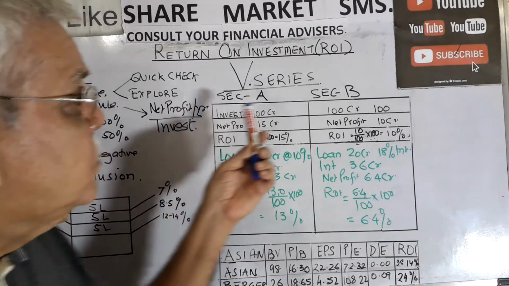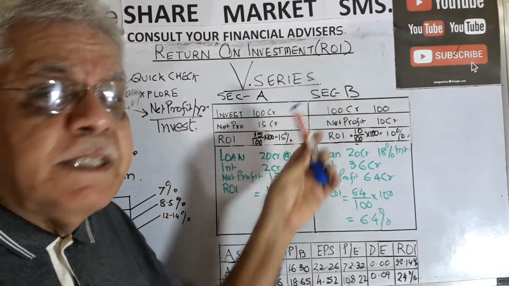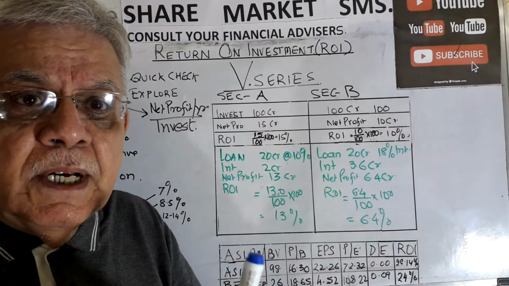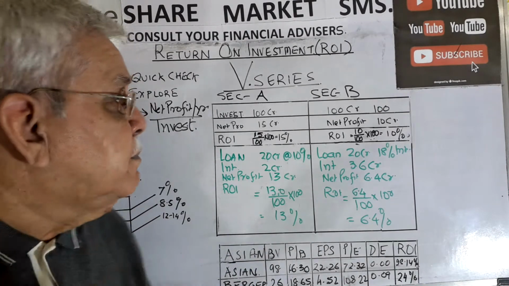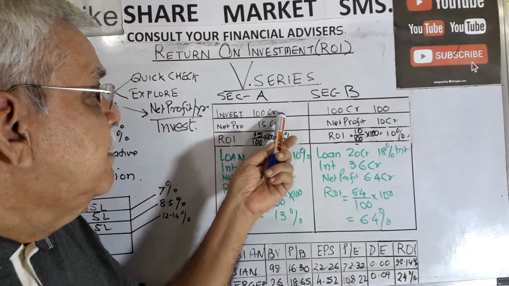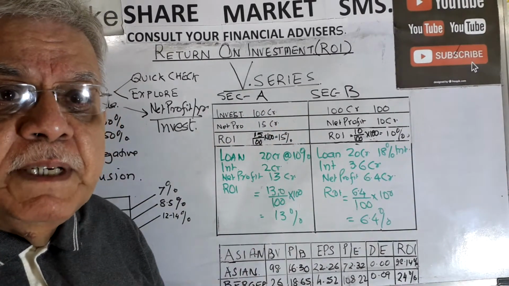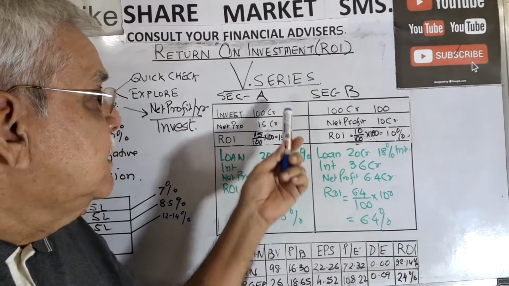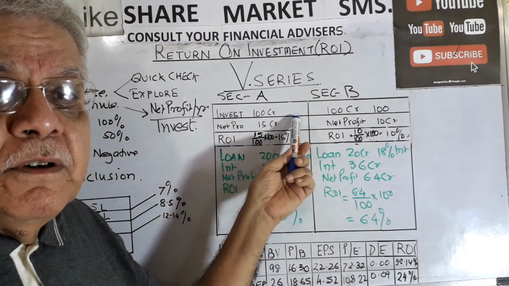Friends, supposing these are companies of the same sector or of different sectors, you can explore the possibility of investment. Supposing there is a company where 100 crore has been invested only by the promoter and there is no loan part in this, and the net profit is 15 crore.